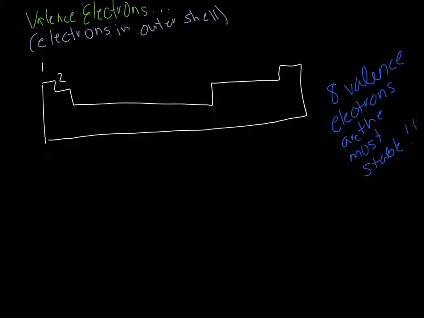So we're going to skip the transition metals because I'm not going to ask you to tell me the valence electrons of the transition metals. If you wanted to, you could do Bohr atomic models and see how many electrons are in the outermost levels.